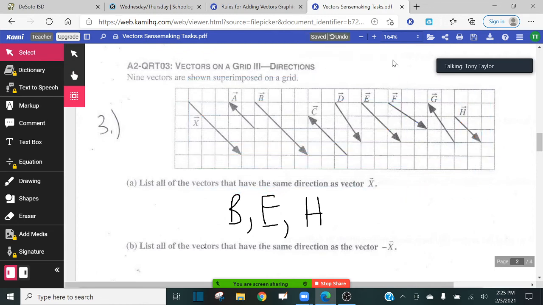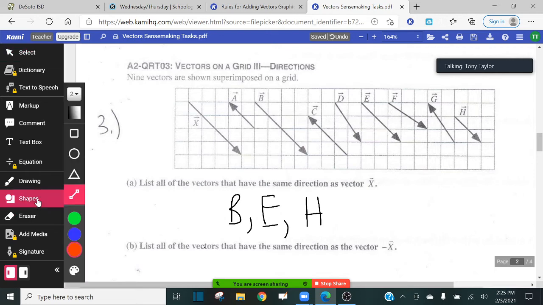Okay, guys, look at 3B. List all the vectors that have the same direction as vector negative x. What do y'all think about this one? A and C. A and C? Let's see. So guys, remember what negative x means. Negative x means you just take the vector and you literally just flip its direction. So it looks like a mirror image.